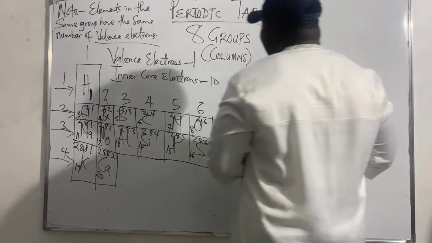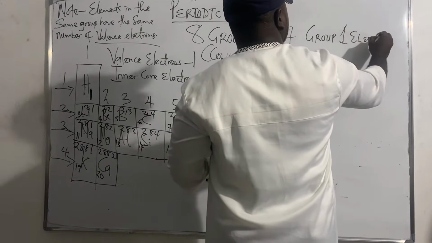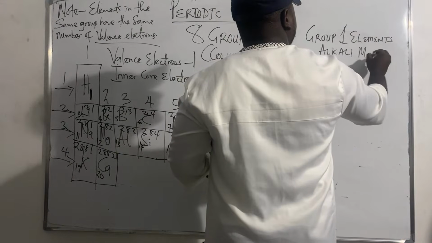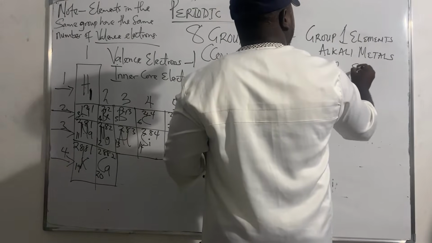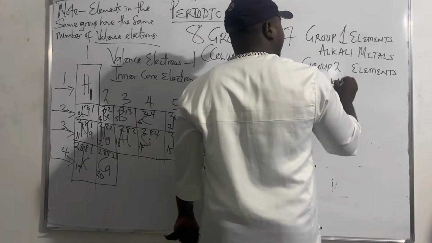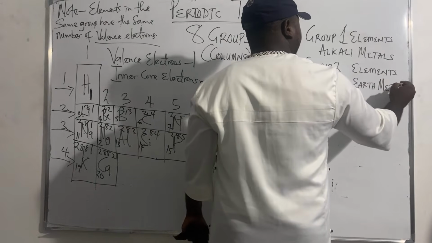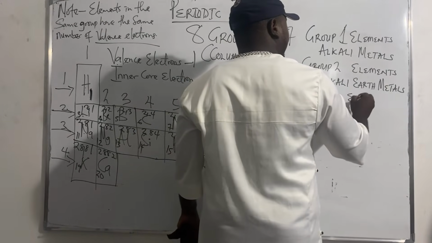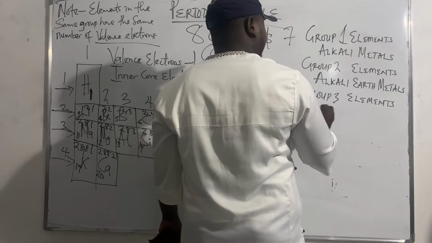Now the next thing you need to learn. Every group has a special name. Class, the group 1 elements are called alkali metals. Group 2 elements are called alkaline earth metals. Group 3 elements are the boron family.